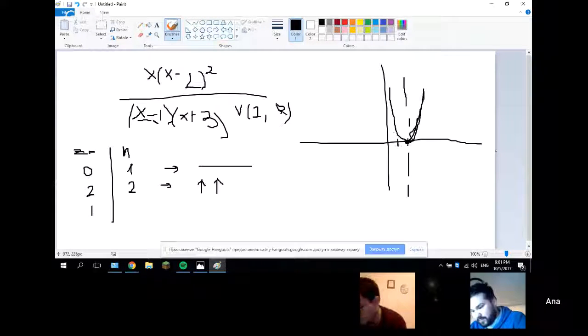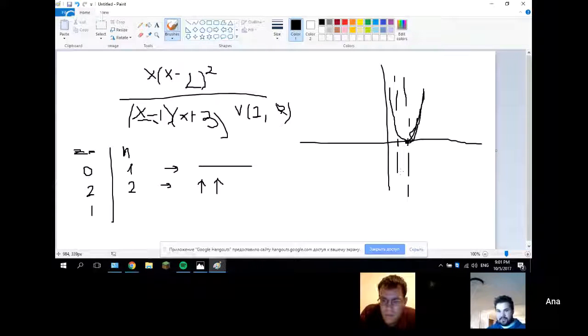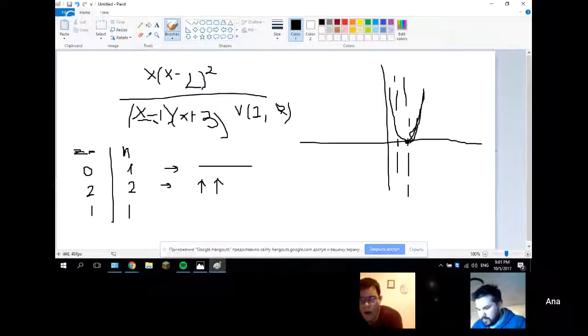So here is 1. So we'll go here, right? And then the multiplicity is 1, meaning that it's just a straight line. And the same as with the other ones.